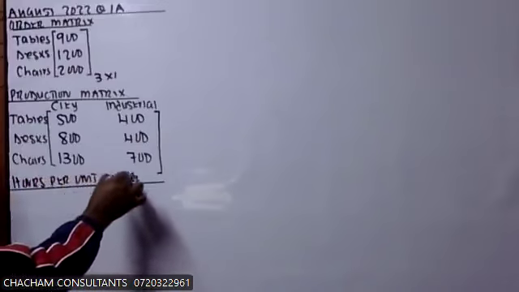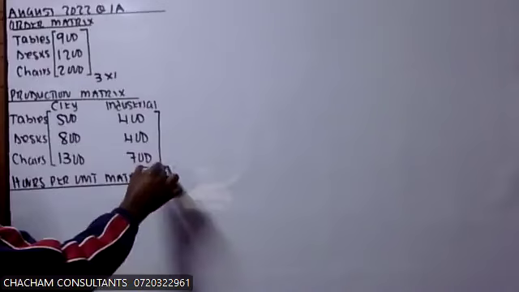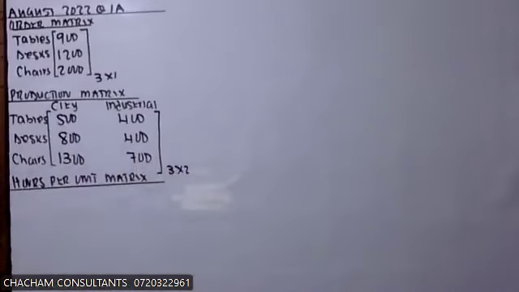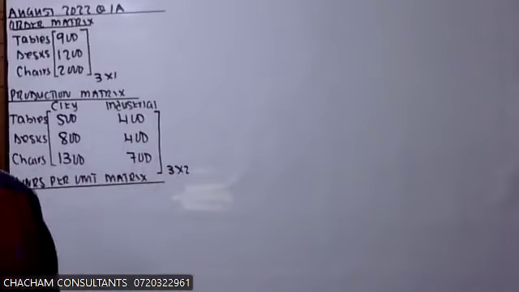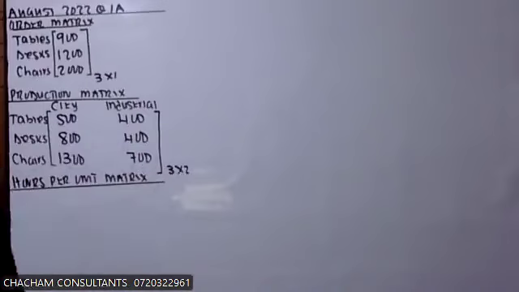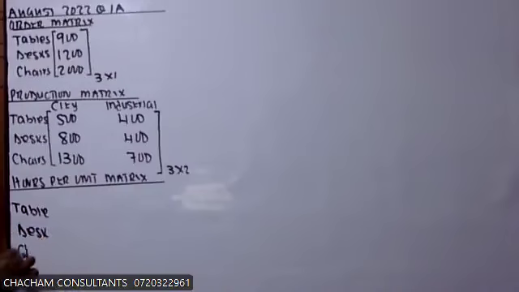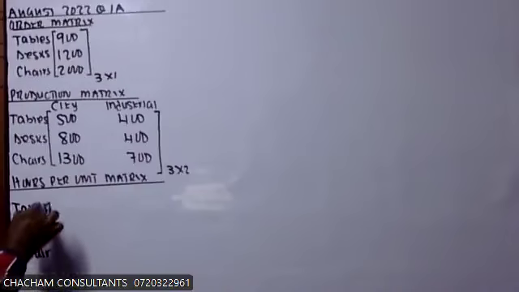This matrix is a 3x2. So for the hours, we have a table, we have the desk, and we have the chair.